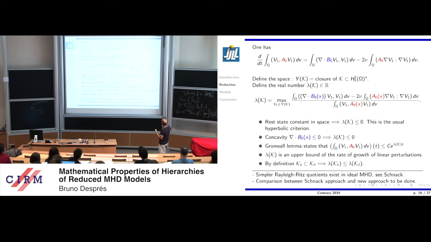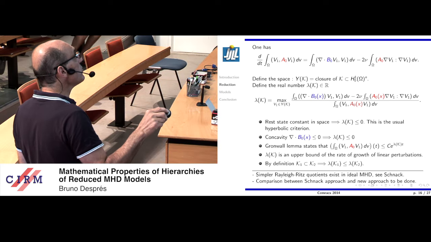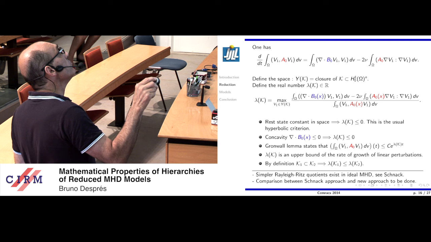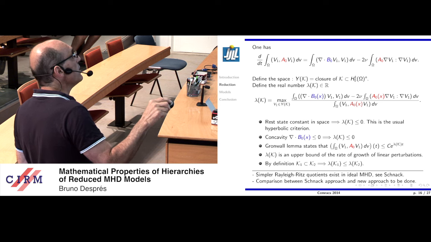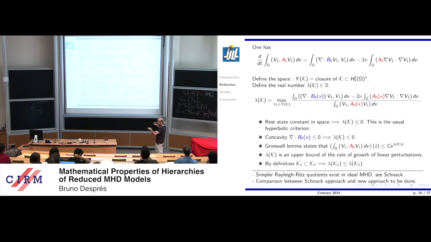But now, of course, lambda is defined with this Ritz quotient, and since you take the maximum over all test functions in k, if you enlarge k, of course you will get a higher lambda, and that's it. So this is the proof. It is very simple, okay.